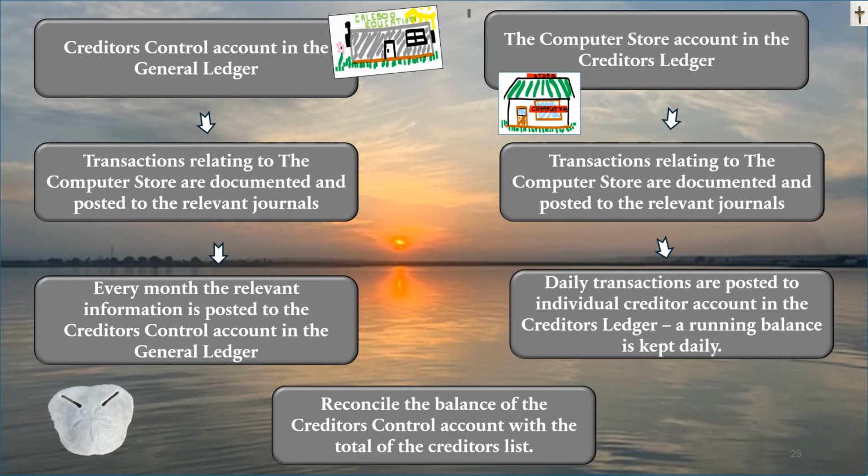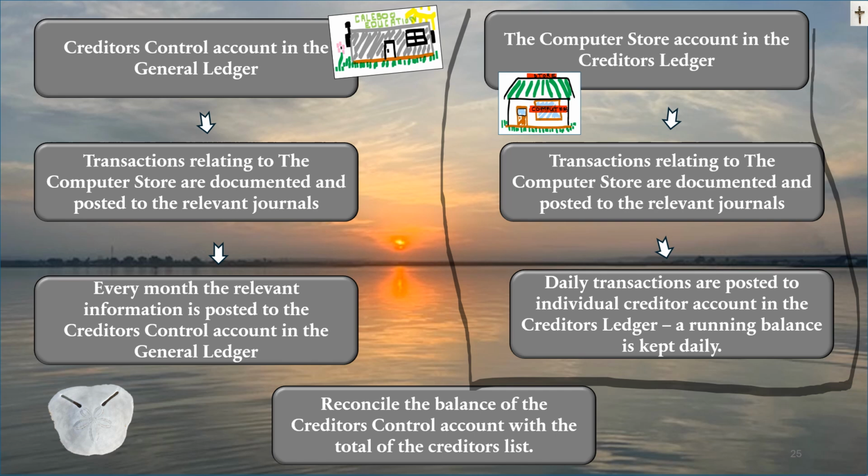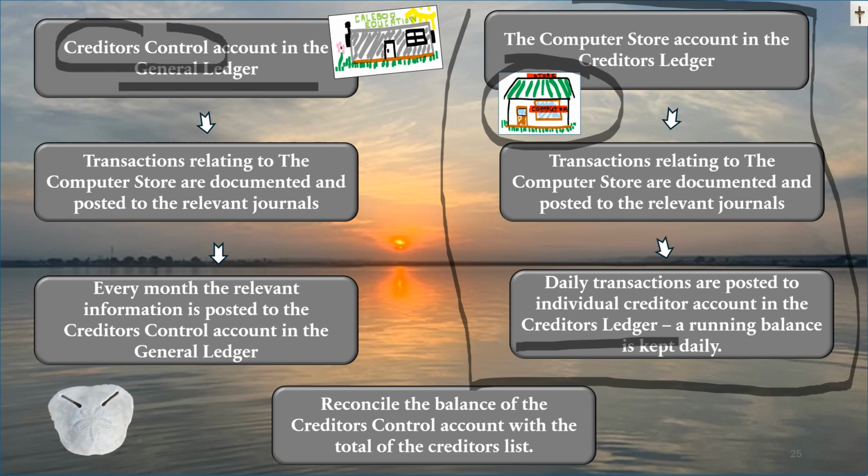Now what we've done is this right hand side. We've done the account of the computer store in the creditors ledger. Now what happens as well, there's a general ledger, and the general ledger has the account, that account of creditors control in the general ledger. And the creditors control account is a summary of all the individual creditors, accounts payable.